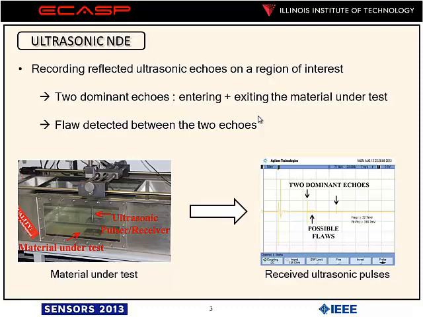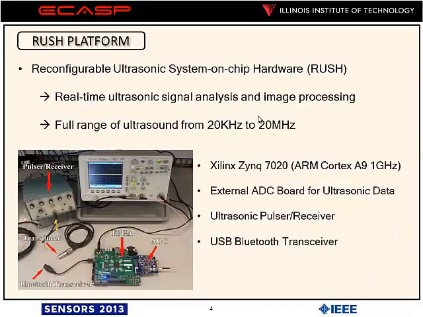But the problem is that since this arrangement is done in water, in this result we don't see much scattering noise, but in a real environment we're going to see a lot of noise in between these two dominant echoes.